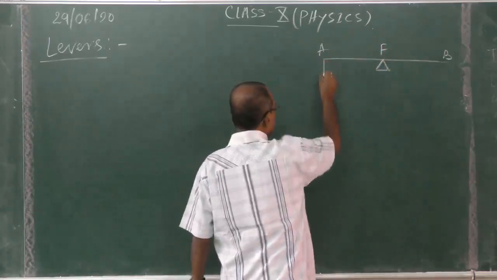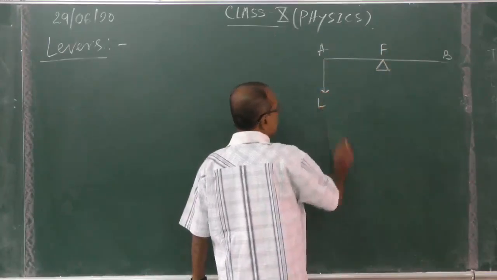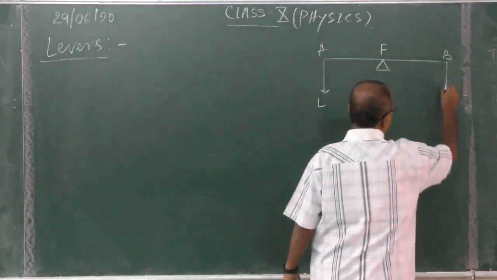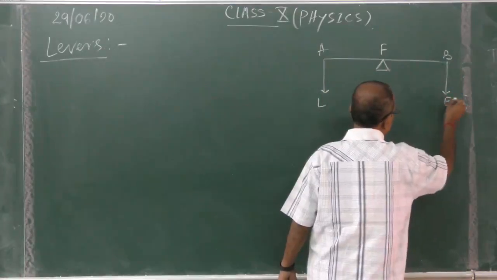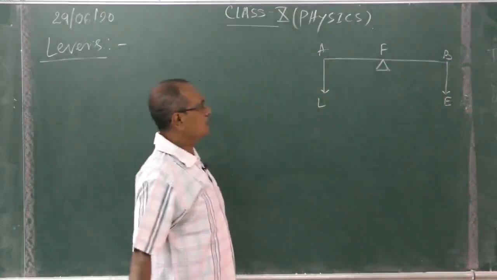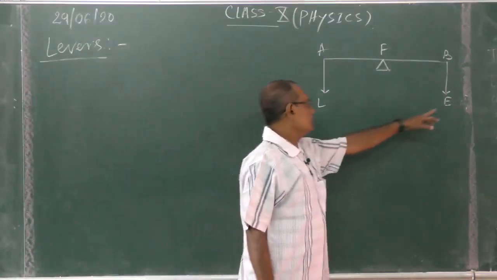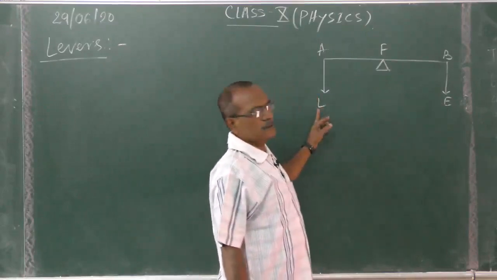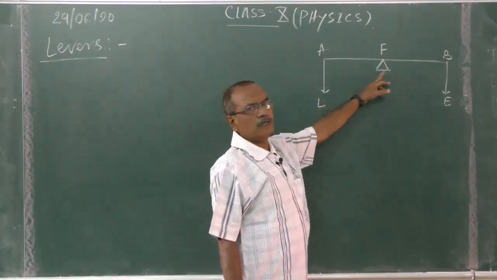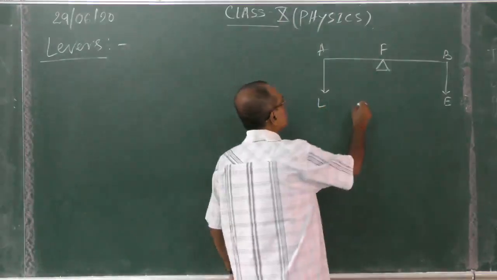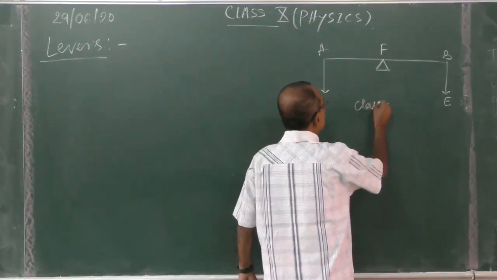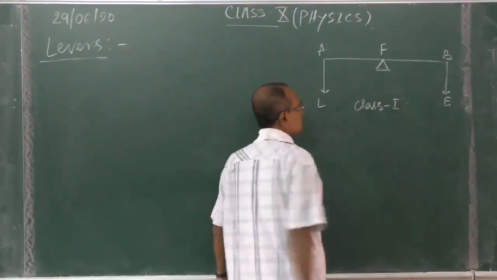Load will be on one side, and on the other side will be the effort. So in between effort and load, the fulcrum is there. Therefore this is a class 1 lever.